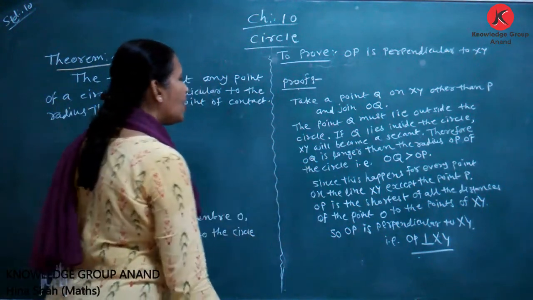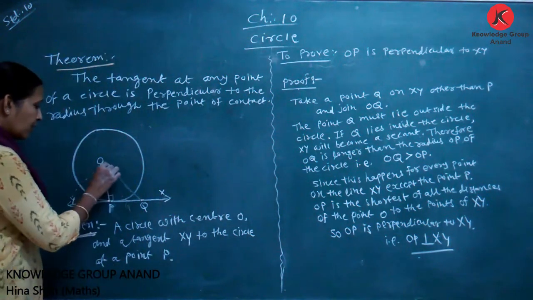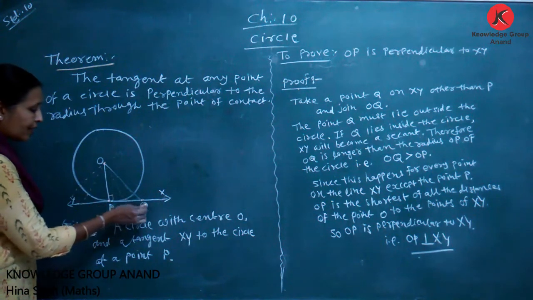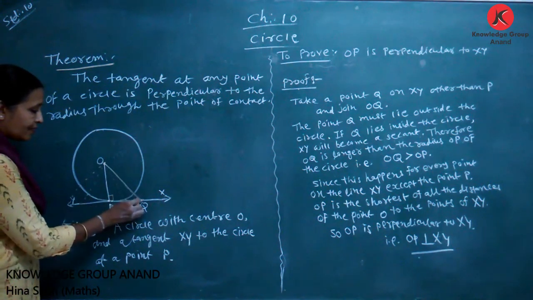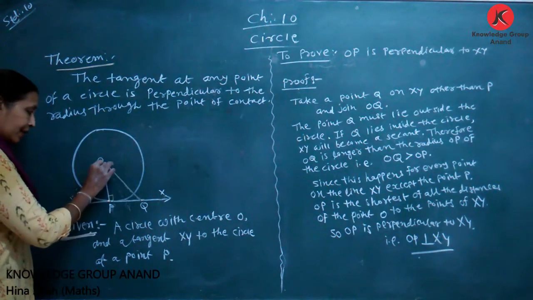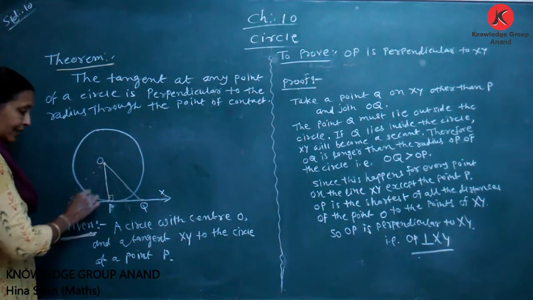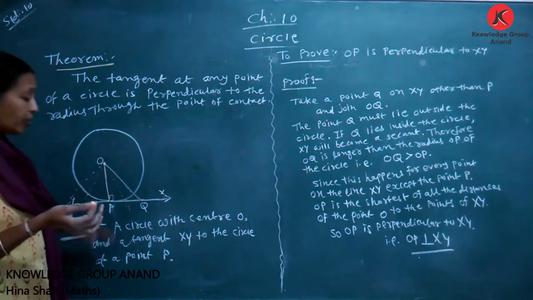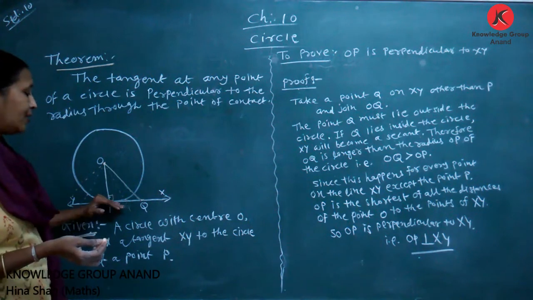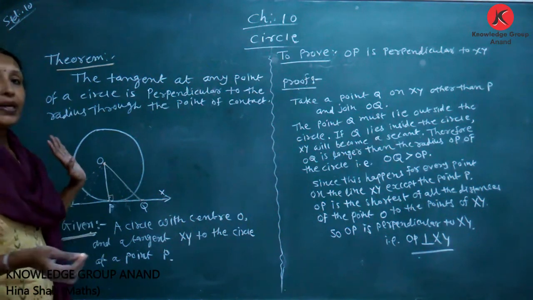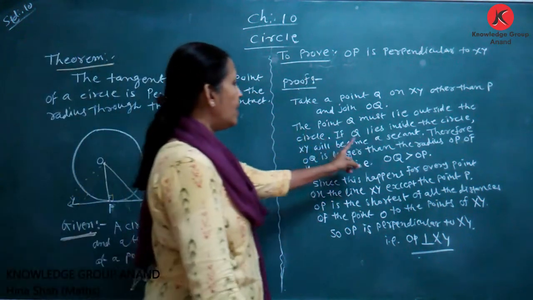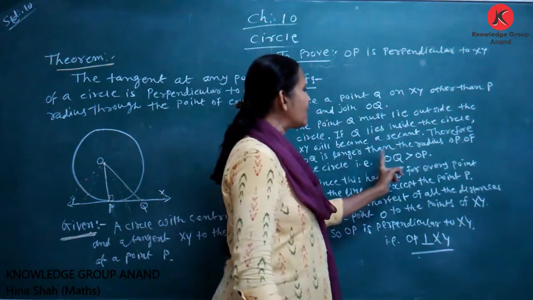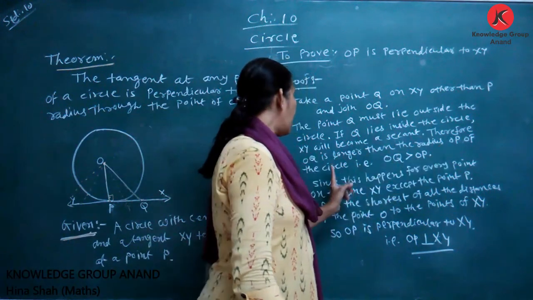Therefore, OQ is longer than the radius. Q is anywhere except P, so OQ is longer than the radius OP of the circle.